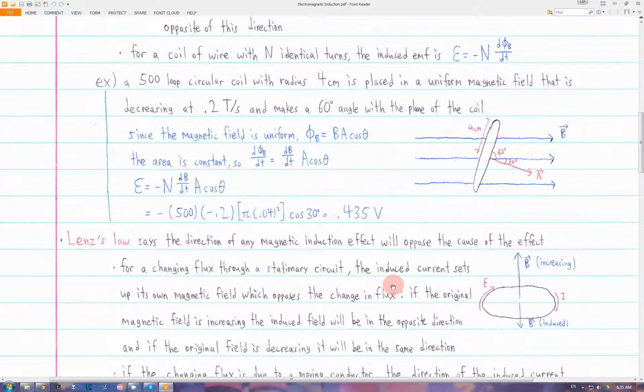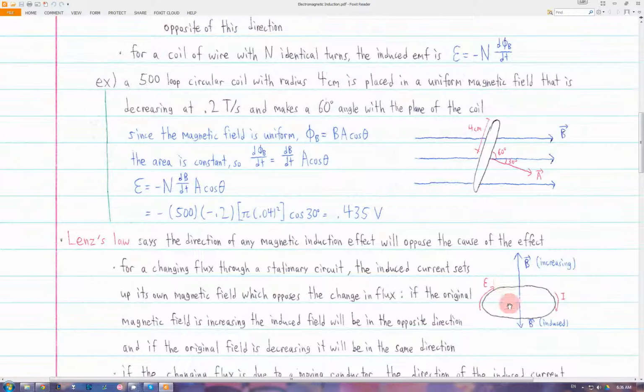So first let's look at changing magnetic field through a stationary conductor. So the induced current that the induced EMF causes is going to set up its own magnetic field. Of course, when we have a current through a conductor, it creates a magnetic field of its own. So this magnetic field that it creates is going to oppose the change in the flux which caused the induced EMF originally.